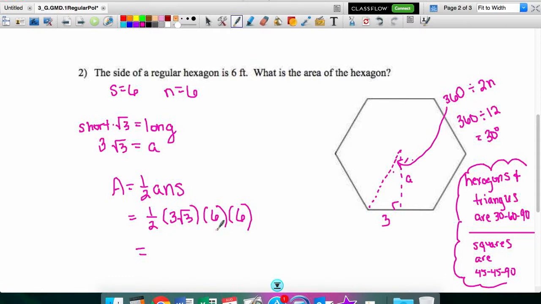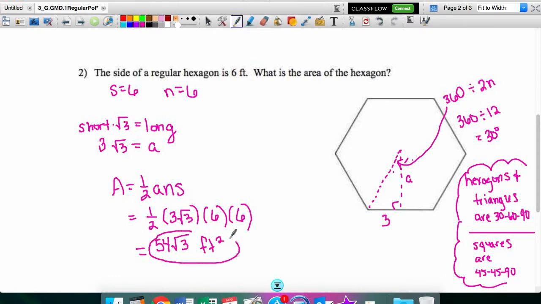So 6 cut in half is 3. 3 times 3 is 9, and then 9 times 6 will give me 54. So that's the value in front, or you can use your calculator to go ahead and calculate that. And then I did not use the square root, so I'm going to go ahead and just tack it on now, square root of 3, to get my exact answer of 54 radical 3. And this is an area, so it will be feet squared.